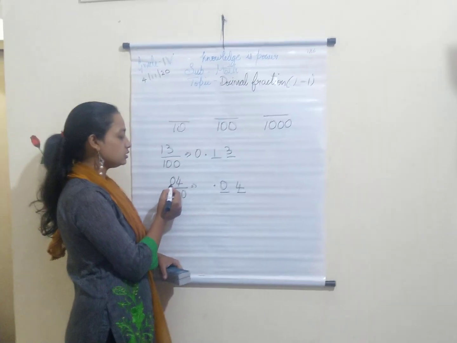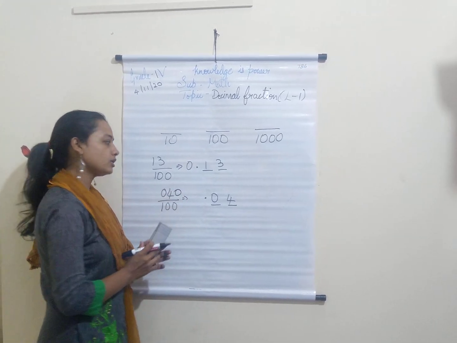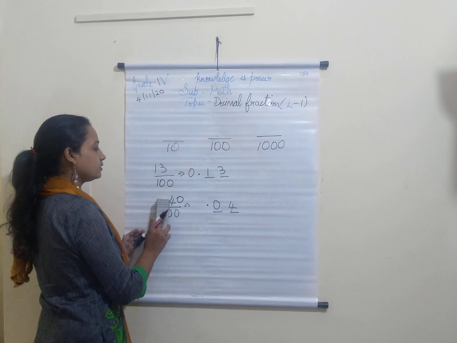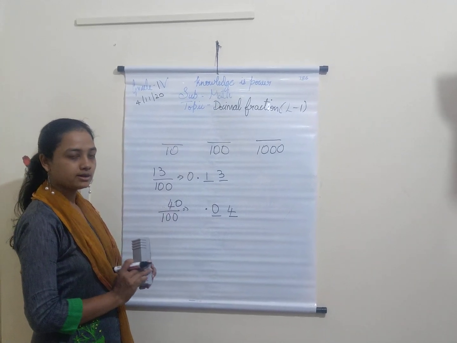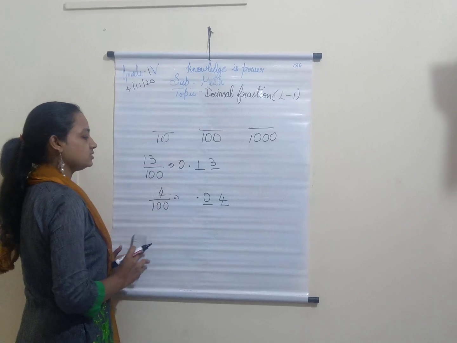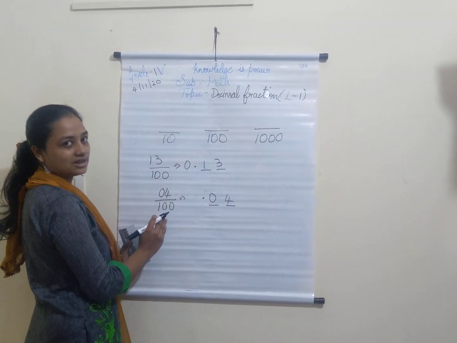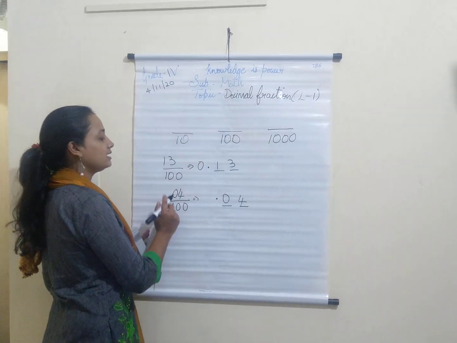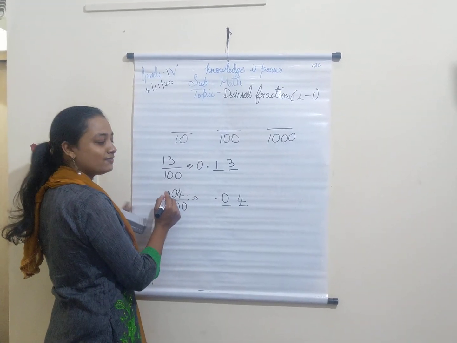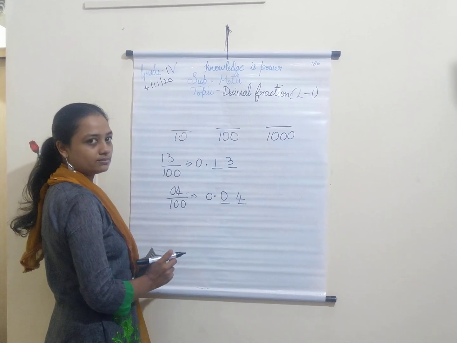You have to add the 0 on the left side, in the tens place, not the right side. What happens if you add it to the right side? 4 becomes 40. The value has changed. The value should never change. If I add it to the left side, it is 4 only. The value doesn't change. That is why I add it to my left side. So my number is 0.04.